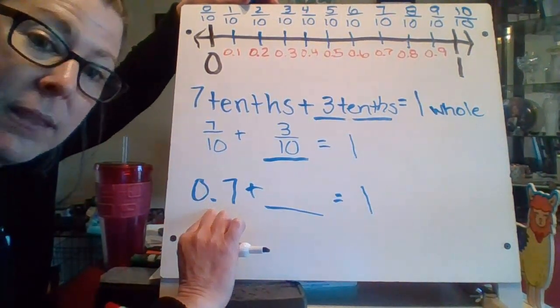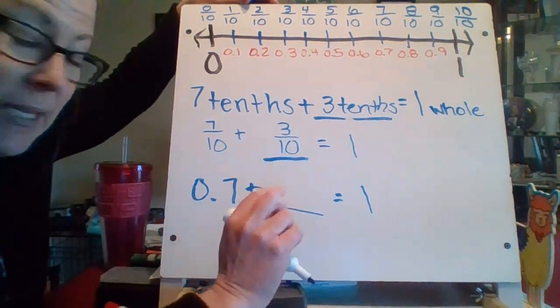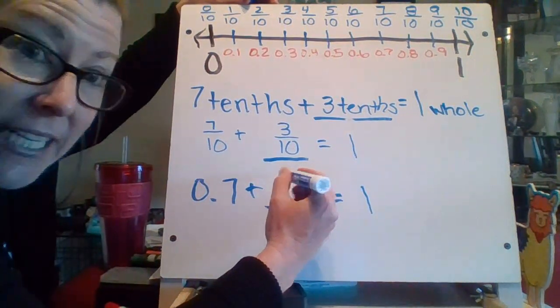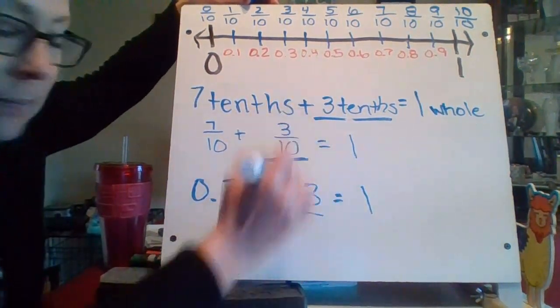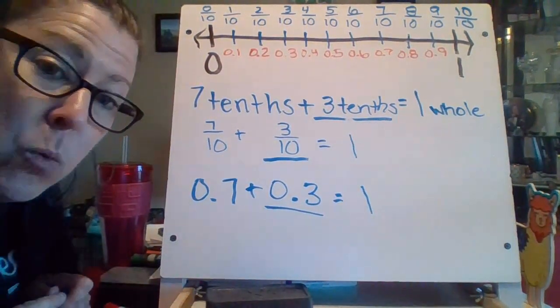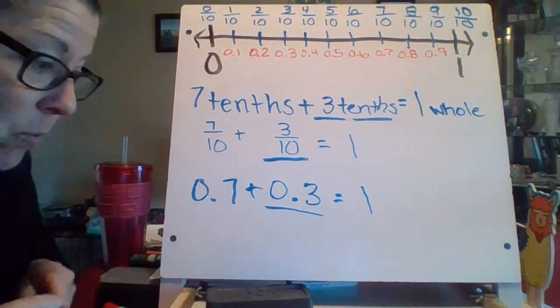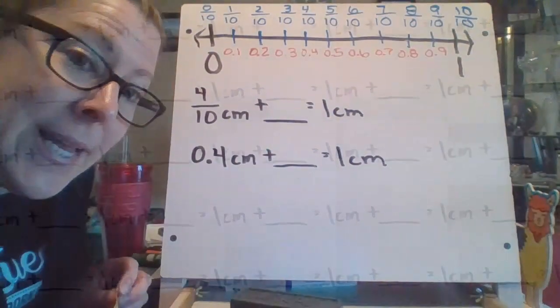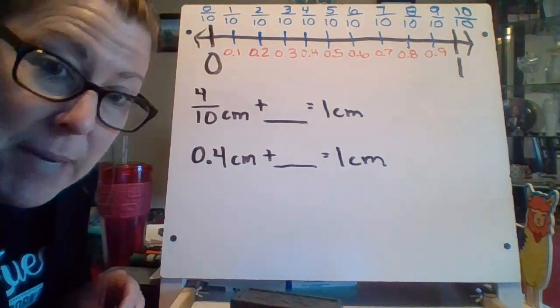Same thing with my decimal form. 7/10, except now I'm going to put it in decimal form, plus 3/10 equals 1 whole. Now what we want to do is relate this to metric measurement.